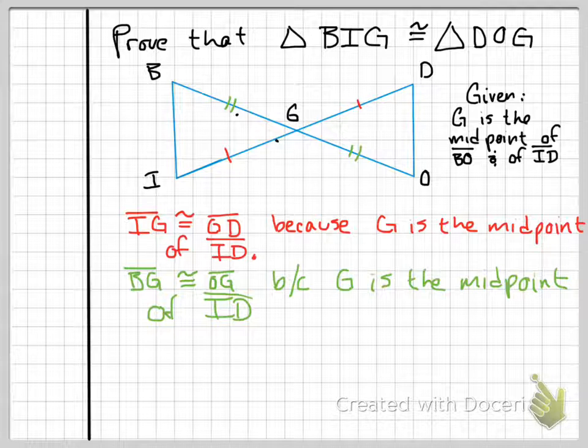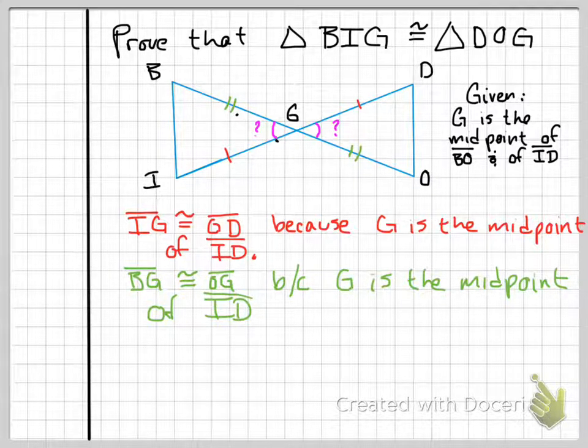And now what I'm going to do is I'm going to try and figure out, is this center angle, the angle between the green marked side and the red marked side, congruent in both triangles. And I can tell that those are congruent because they are vertical angles.